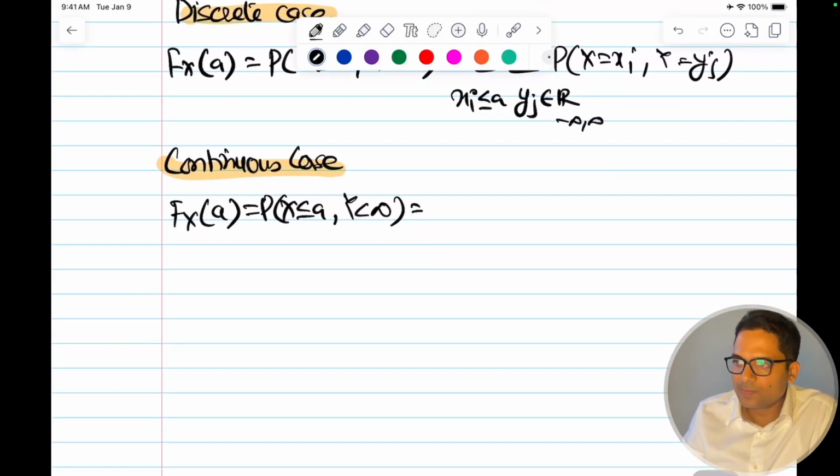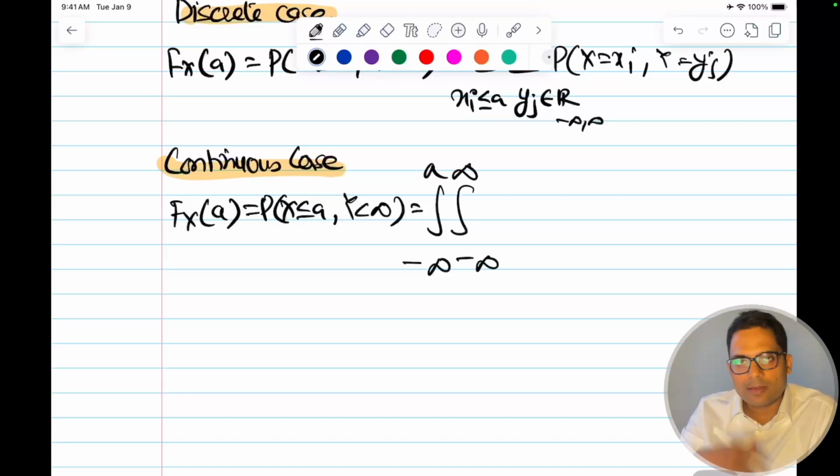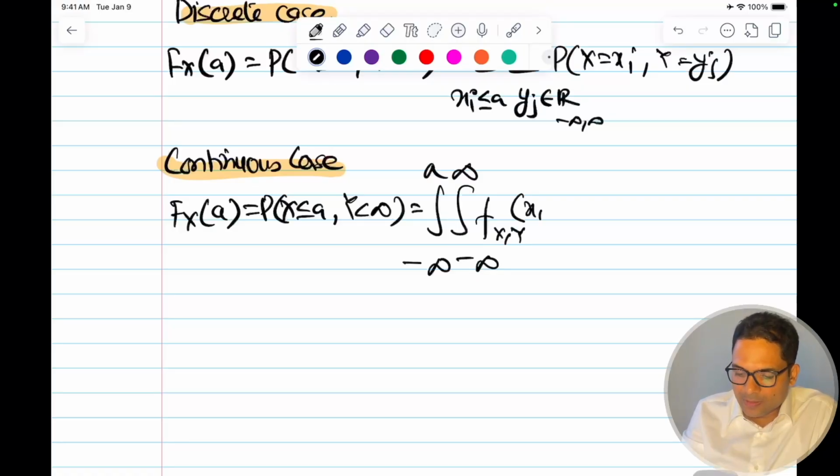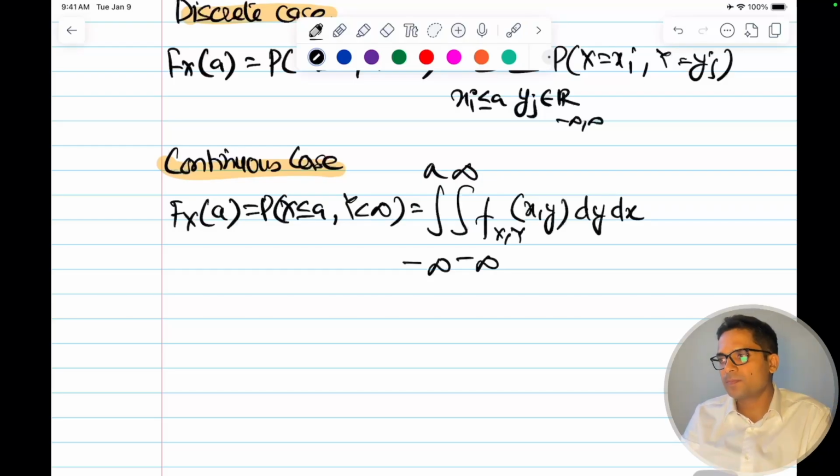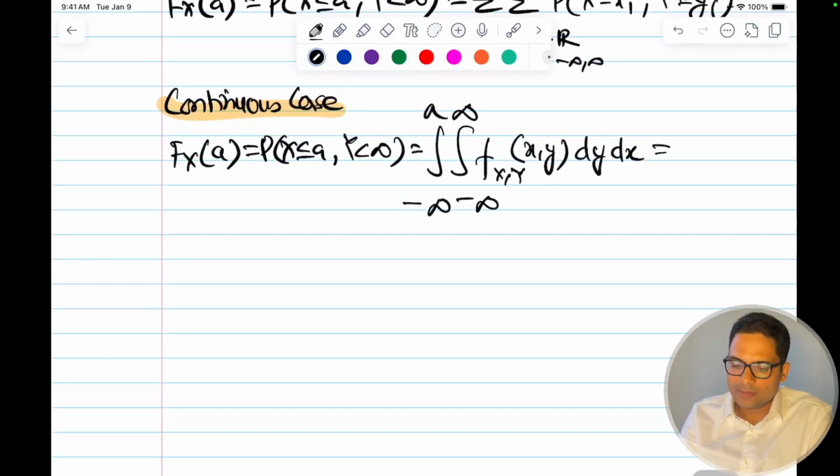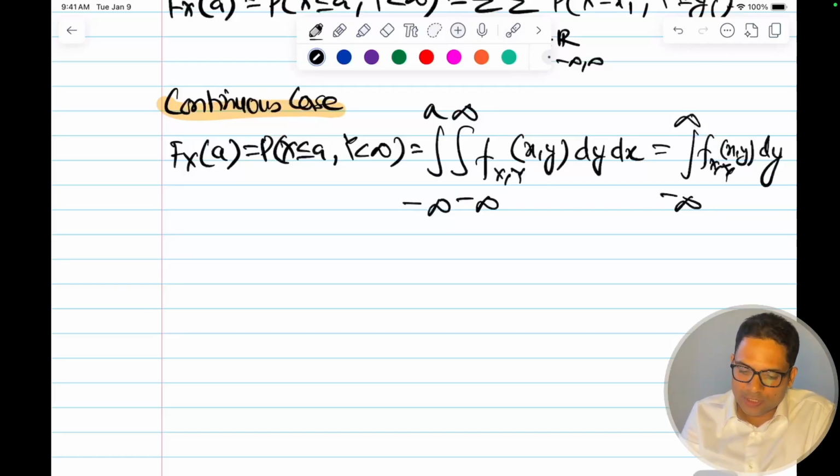This is equal to, x will range up to a and y will be the complete range, minus infinity to infinity, and then we will have the joint PDF and we'll integrate it over the complete dy dx range, so equal to minus infinity to infinity f of x comma y, and we'll integrate it over dy, as I mentioned earlier.